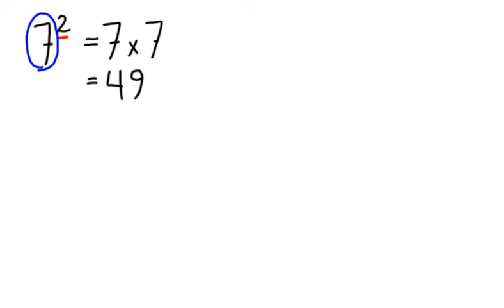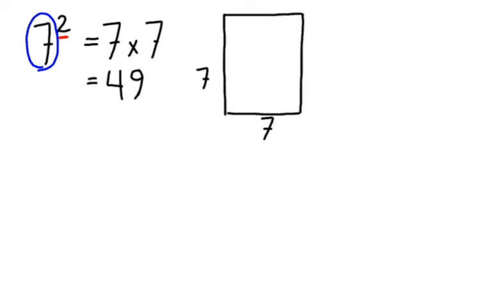Now, this tells us two things. If it was a square, that would tell us that the area of a square that has a side length of 7 is always going to be 49, because 7 multiplied by 7, the base multiplied by the height, equals 49.